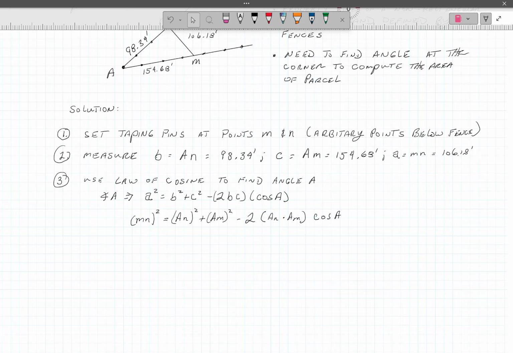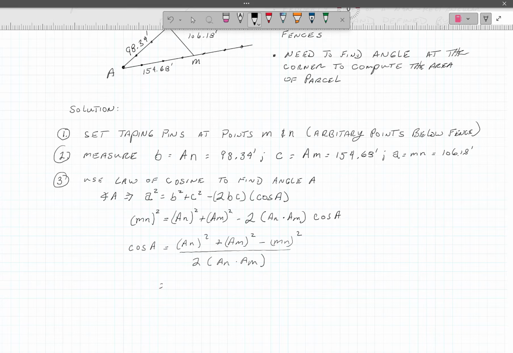Being careful, cosine of A is equal to A N squared plus A M squared minus M N squared, all divided by 2 times A N times A M. Now we can just plug numbers in.